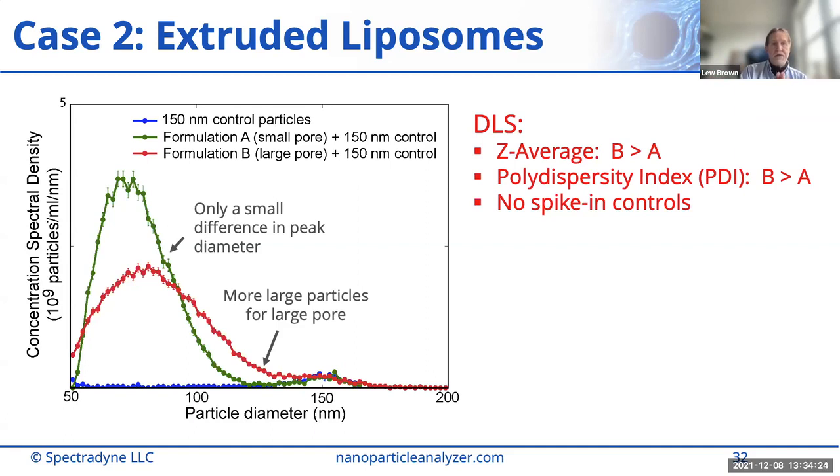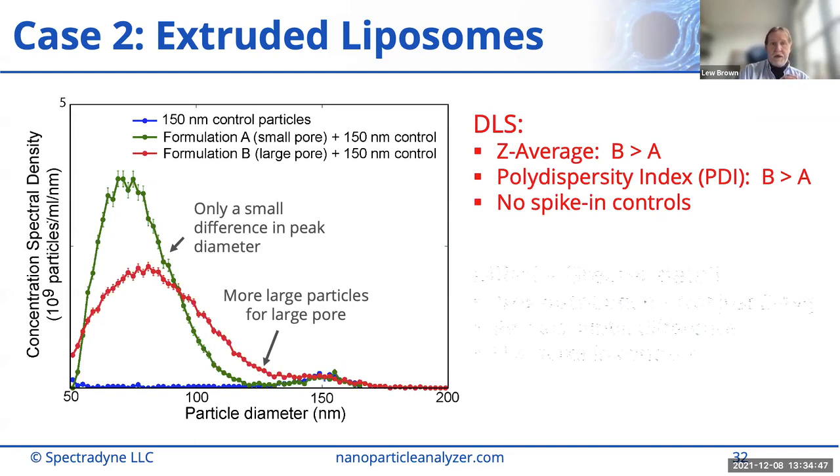Okay, you just can't do that. And again, there's 2 things that are happening there. One is just the fact that they're larger particles skews it. The other is that the scattering is also dependent on the refractive index of the particles, and polystyrene beads have a much larger difference in refractive index than do the liposomes.